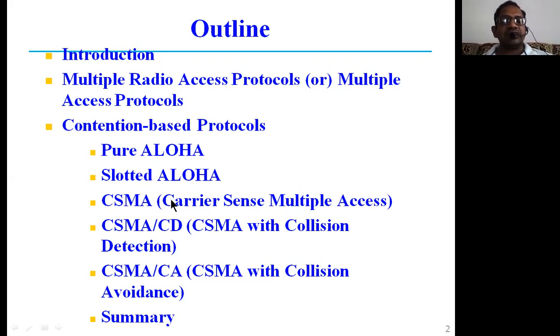In CSMA, we have two types: carrier sense multiple access with collision detection (CD), and carrier sense multiple access with collision avoidance. Collision avoidance is the more advanced kind of CSMA technique, whereas CSMA CD is the primitive kind of multiple access technique.